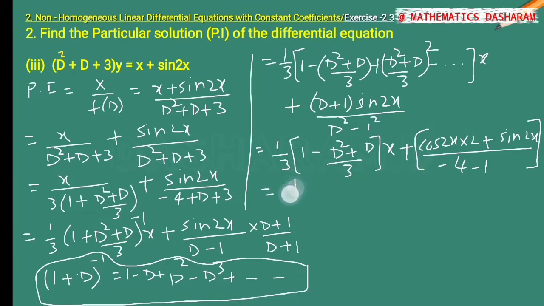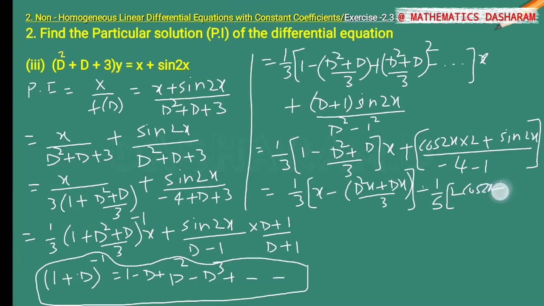So now x multiplied inside, x minus D square x plus Dx by 3, plus minus 4 minus 1 is minus 5, so 1 by 5 bracket of 2 cos 2x plus sine 2x.